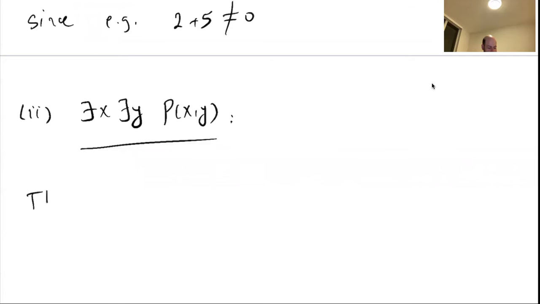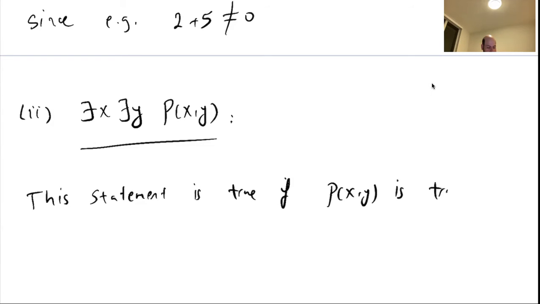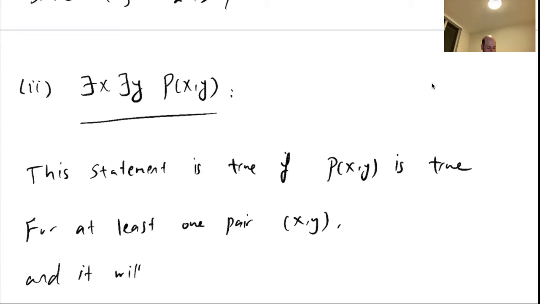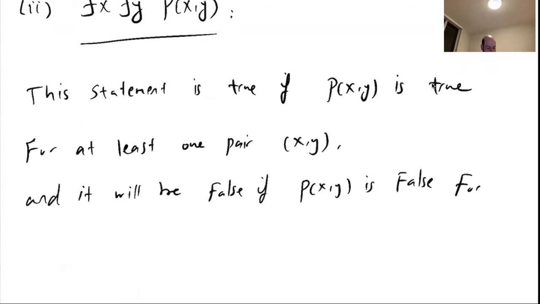This statement is true if P of x and y is true for at least one pair x and y, and it will be false if P of x and y is false for every pair x and y.